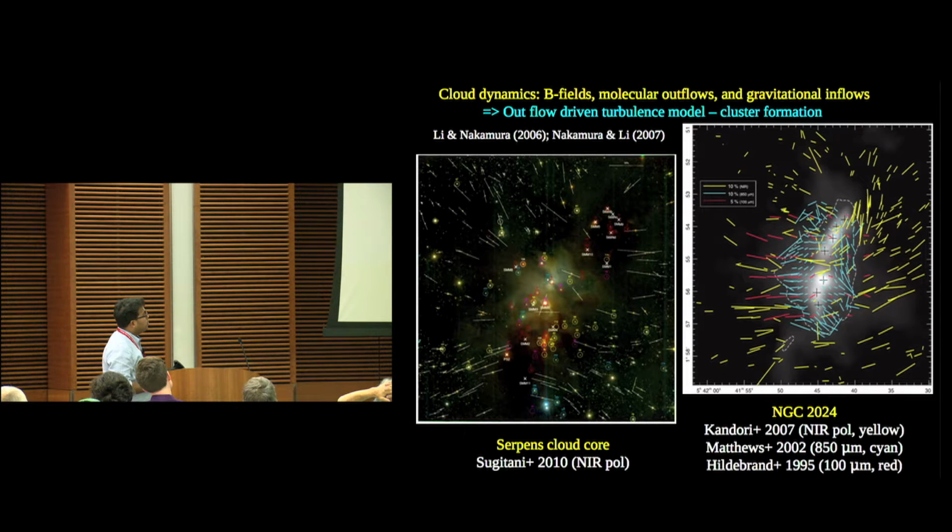This is very important for the formation of clusters according to the outflow-driven turbulence model by Lee, Nakamura and collaborators. In it, the turbulent outflow energy and outflow momentum will be ejected into the cloud, and magnetic fields will drive the outflow energy to escape from the central region to the ambient medium, and the gravitational inflow will take place in the perpendicular direction.